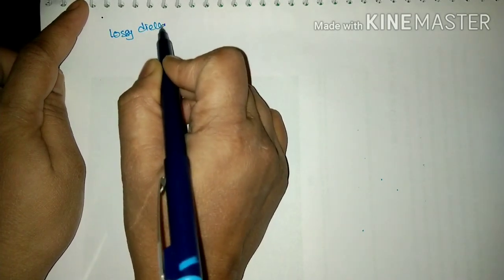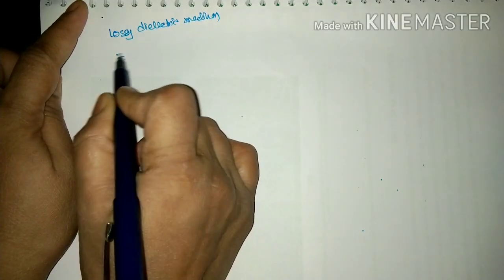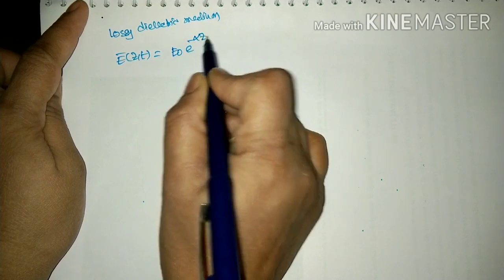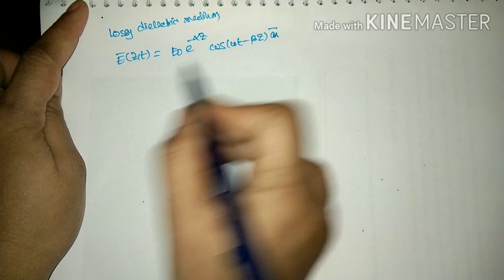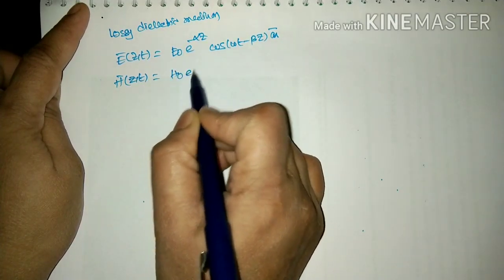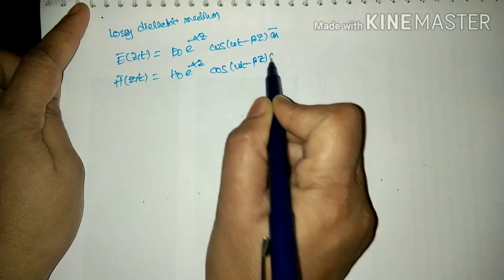We got the expression for the electric field for the wave propagating along the z direction as E bar of z comma t is equal to E naught e power minus alpha z cos of omega t minus beta z a_x bar, and the magnetic field is equal to H naught e power minus alpha z cos of omega t minus beta z a_y bar.